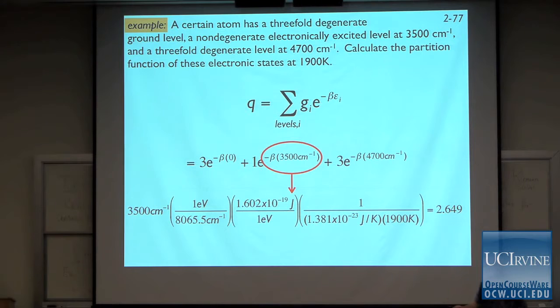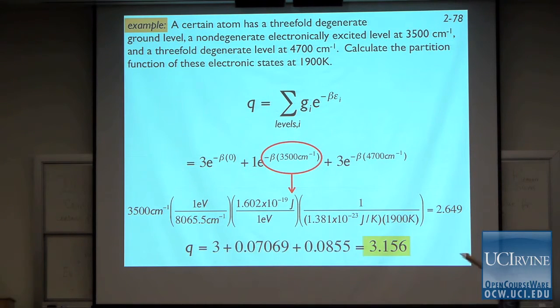Because we're going to be moving between energy units all the time, this is the way I do it. Divide by 8065.5, wave numbers cancel, so that gives me energy in eV. Then I multiply by 1.602 times 10 to the minus 19 joules per eV. Now I get energy in joules, and then I divide by kT, and I get 2.649.